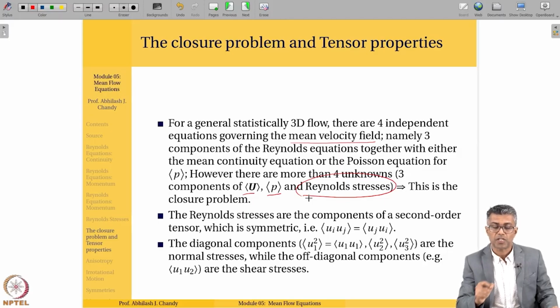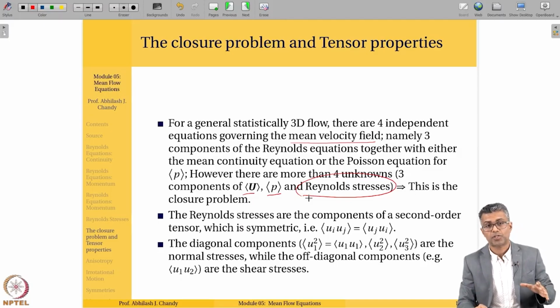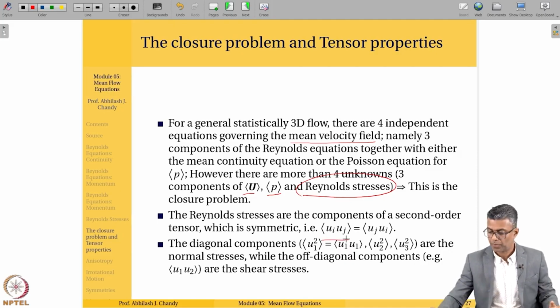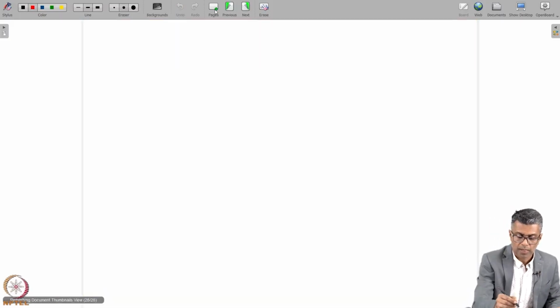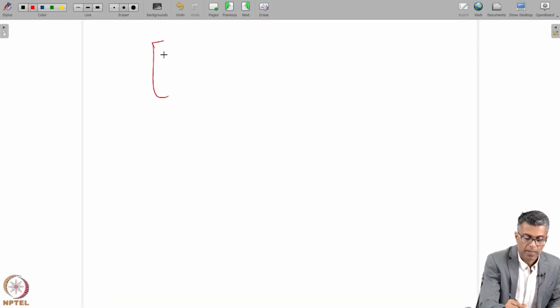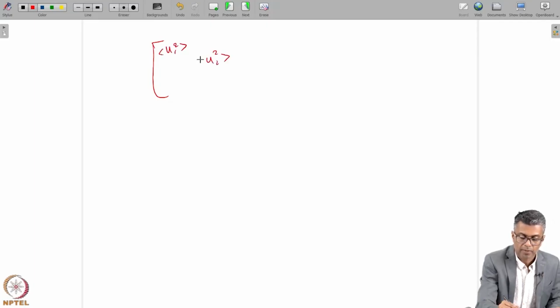Now let's specifically see how many stress terms we are talking about. The Reynolds stress terms are basically components of a second order tensor, isn't it? Ui, Uj mean, or Uj, Ui. Just so that it is clear, it is U1 squared, U2 squared, U3 squared.